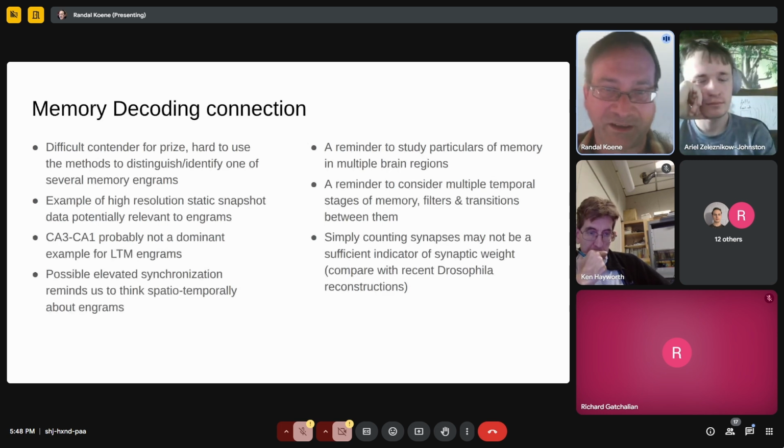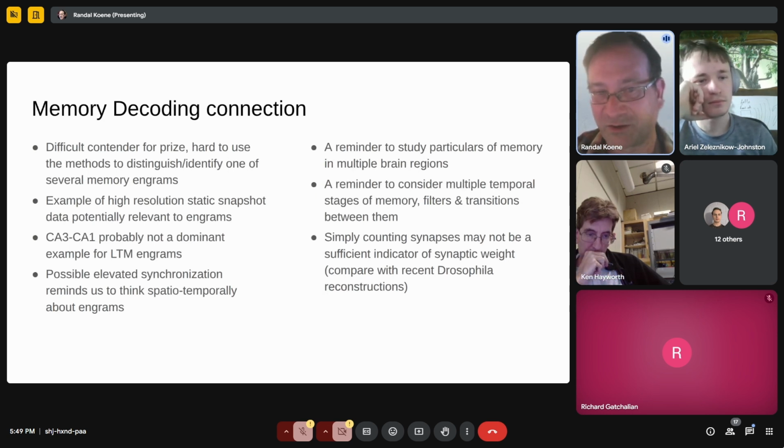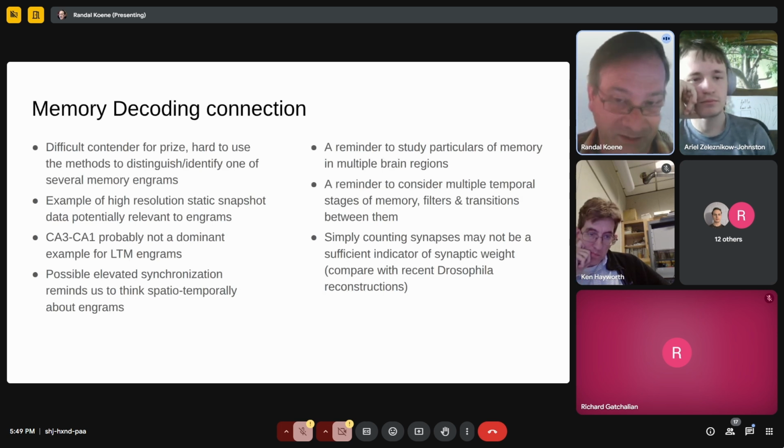And being a hippocampal study, it's probably not the most dominant type of information representing what we would consider markers of long-term memory or of engrams. But it's a reminder, again, that we need to think of memories and their representations not merely as a spatial collection, but also in terms of synchronization, which they brought up, timing, spatiotemporal.